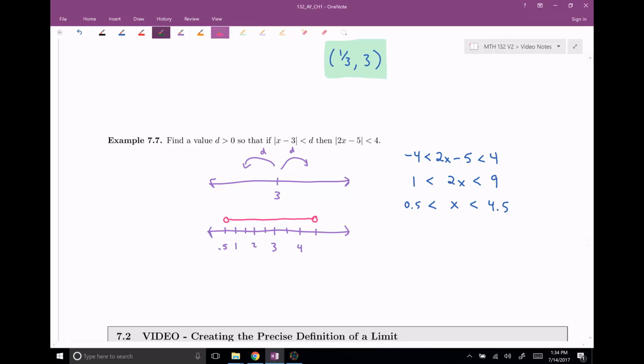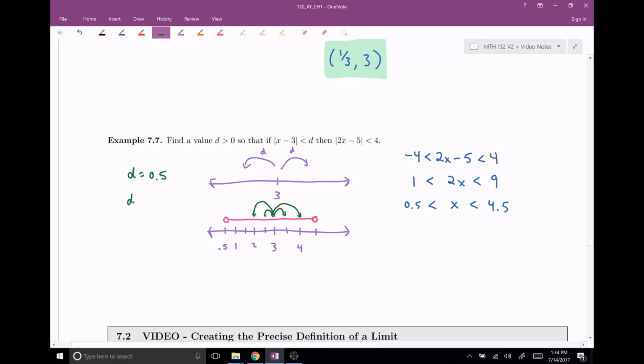Okay, so let's go ahead and check. If I moved 0.5 away in either direction, would I stay in this region, right? So 0.5 away from 3. Yes, so d equaling 0.5 is a good d value. I would stay in this region. Likewise, if I move distance 1 away from 3 in either direction, I would still satisfy this inequality.